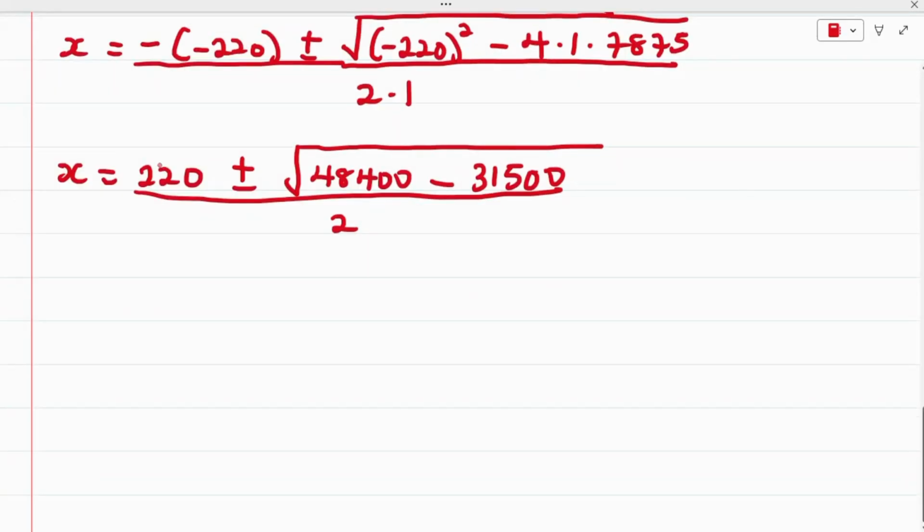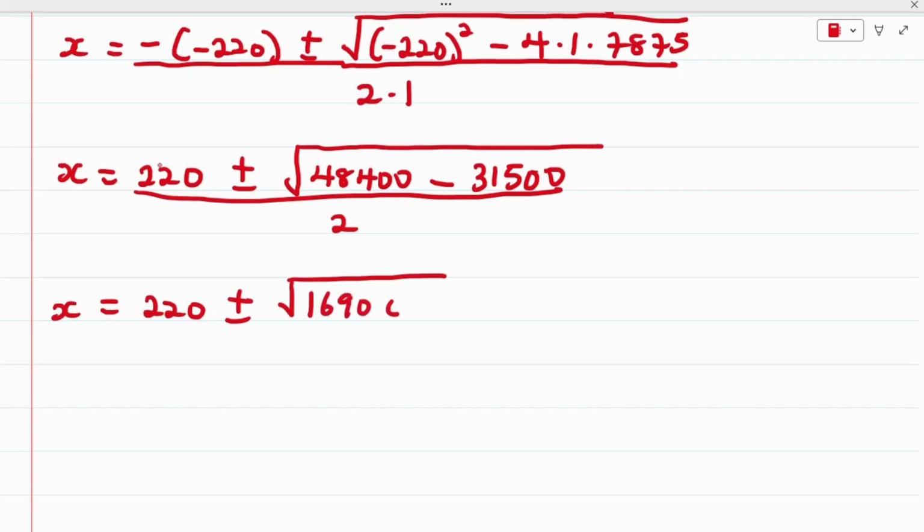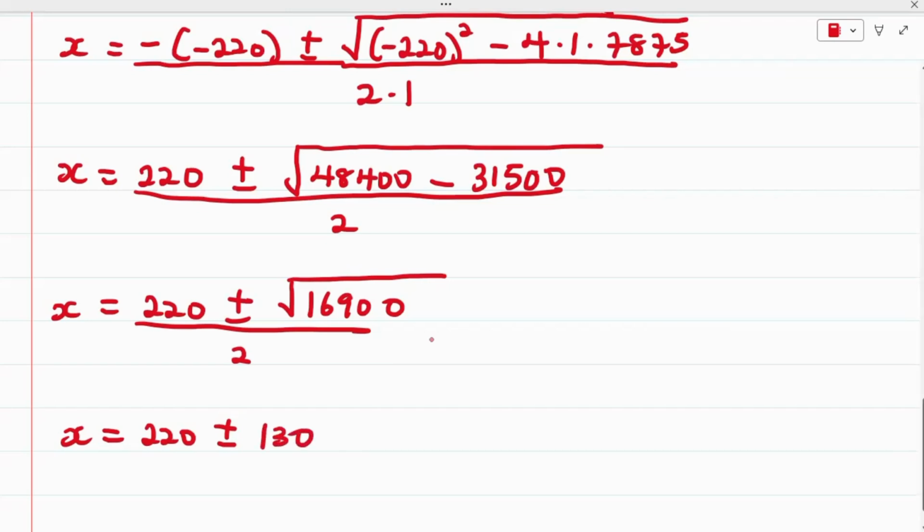So from here we have that x is equal to 220 plus or minus the square root of 48,400 minus 31,500, which is going to give us 16,900, divided by 2.